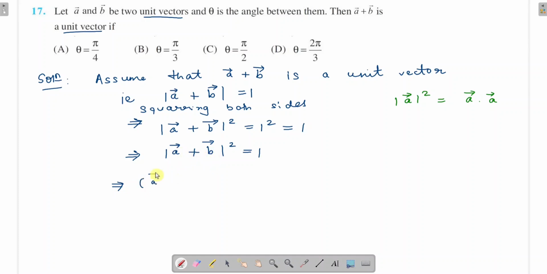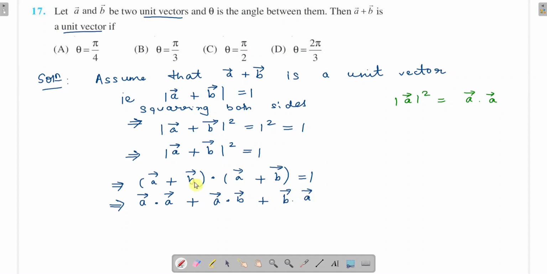So we get a bar plus b bar dot product a bar plus b bar equal to 1. Now we can take the dot product. So a bar dot product a bar, then a bar dot product b bar, then b bar dot product a bar, and plus b bar dot product b bar.